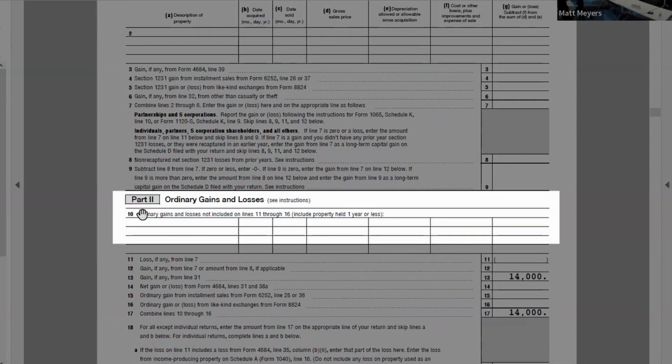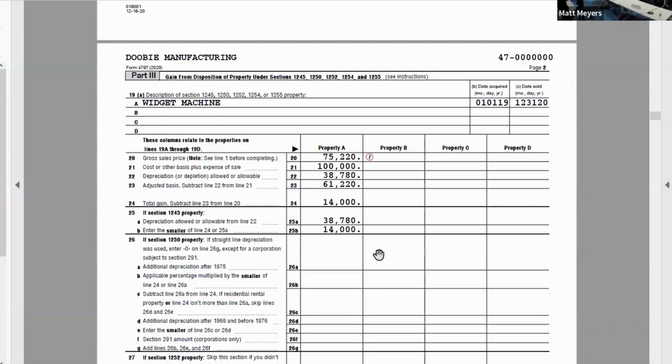Okay, and then this is the part 2 that Trent was talking about for the abandonment. We'll get there. But then you have this page 2, which is going to be for the sale of your depreciable property. So this is your building, this is your PP&E, this is everything.